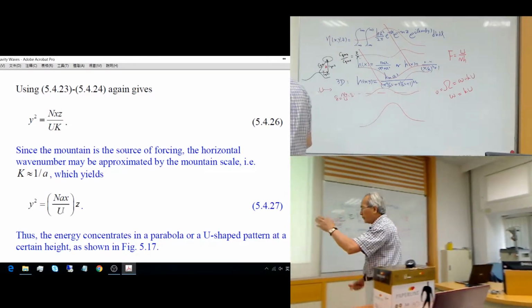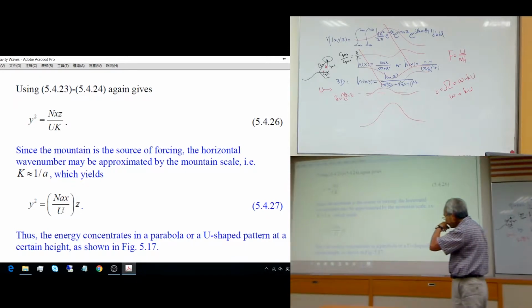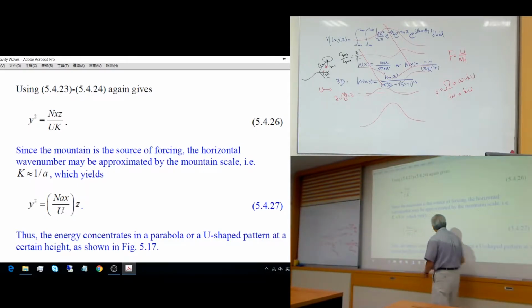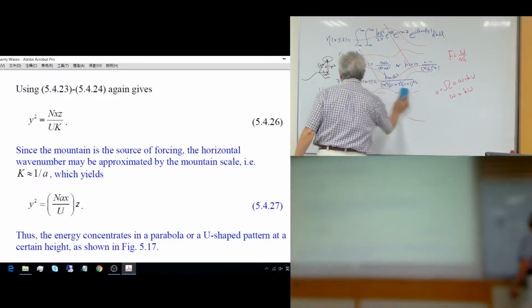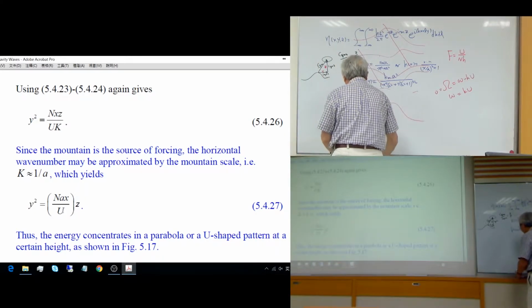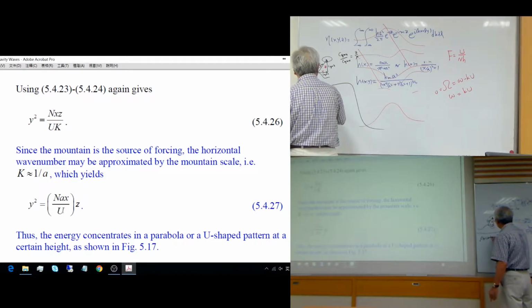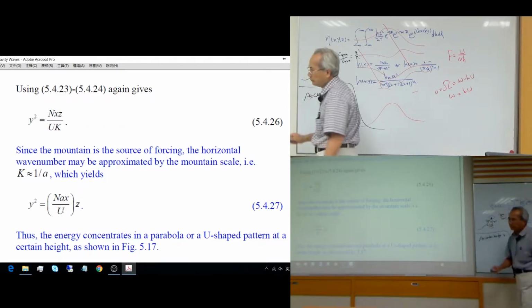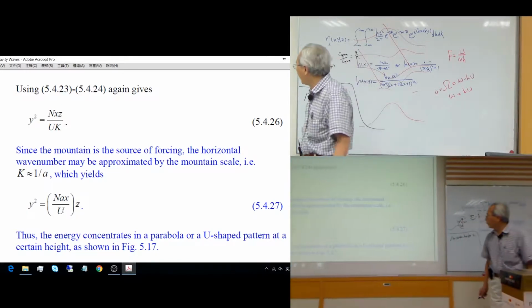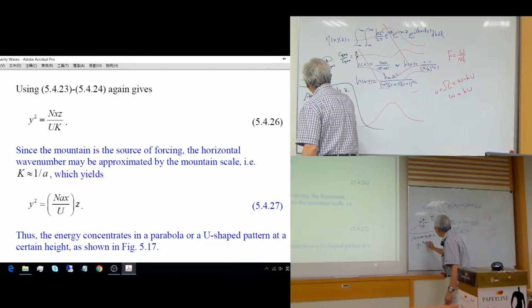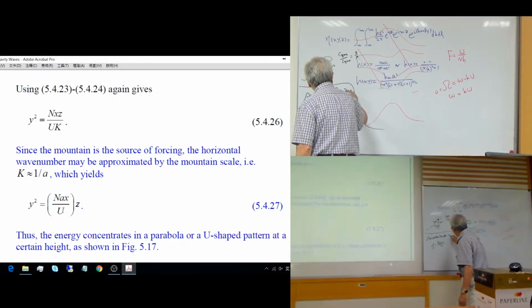At a certain height z, say z1, then according to 5.4.27, y squared will equal NAx divided by U, times say z1, a particular height.